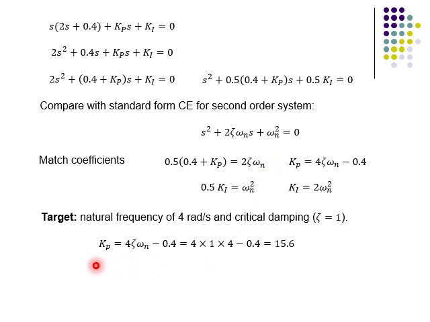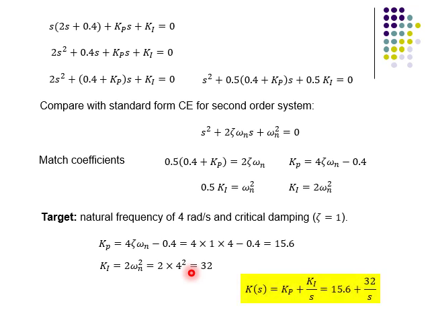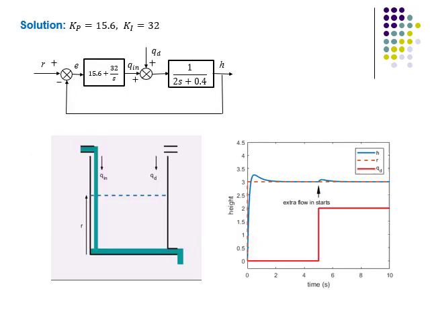We find the value for Kp is going to be 15.6, and then the value for Ki will be 32. Then to finish we can write down the complete transfer function for the controller. So we have our solution for the controller.